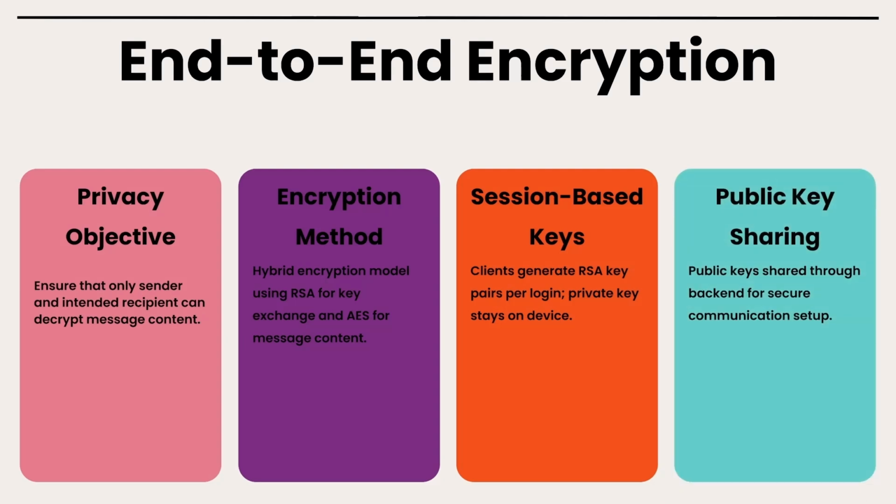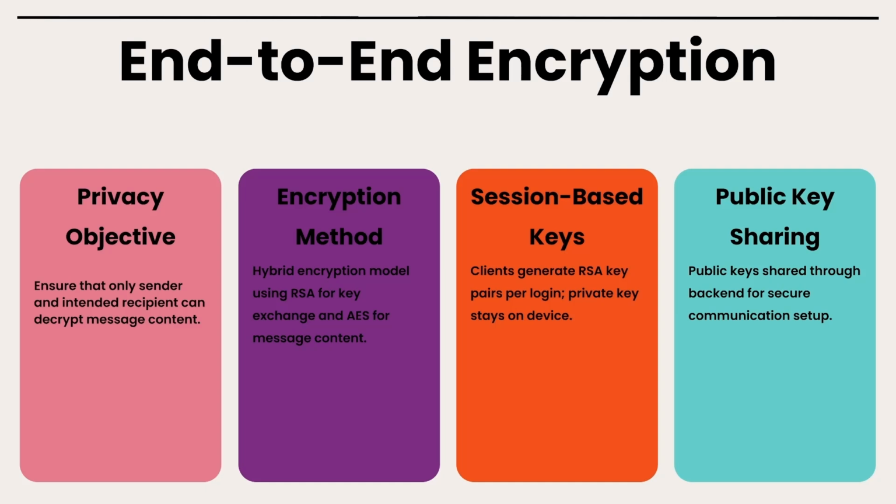For end-to-end encryption, the main objective is privacy, so that only the sender and intended recipient can decrypt message content. The encryption method utilizes a hybrid encryption model using RSA for key exchange and AES for message content.